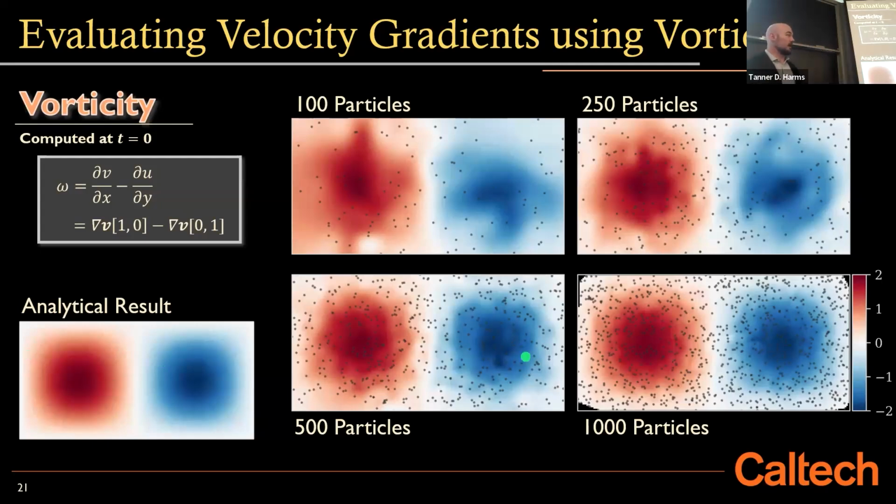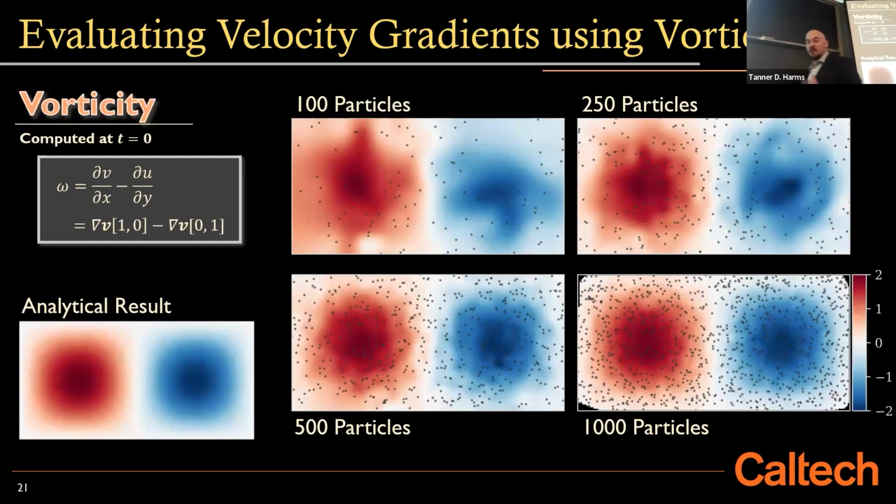Over here on the right are different particle densities, which we've used to compute these quantities with Lagrangian gradient regression. The point that I want to show here is that for all of the densities shown, we're representing the analytical result relatively well. I could figure out where the vortices are and their relative strength very easily from even 100 particles in the flow.